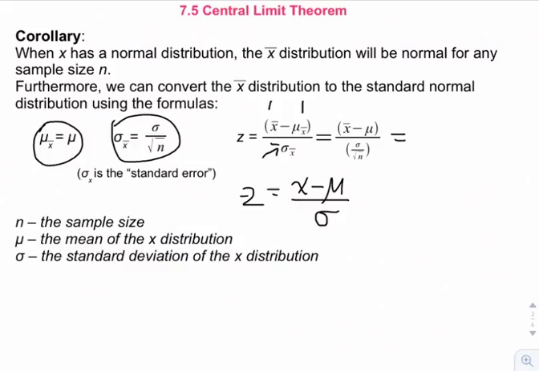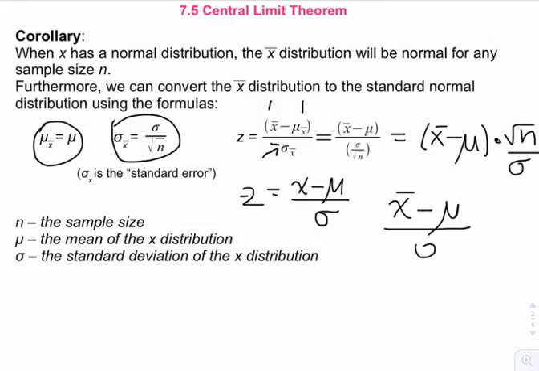Another way to think of this is, you know that we are dividing by a fraction here, so you could also think x bar minus mu, divided by a fraction means multiply by the reciprocal. The reciprocal will be square root of n over sigma. So this would be x bar minus mu over sigma times the square root of n.